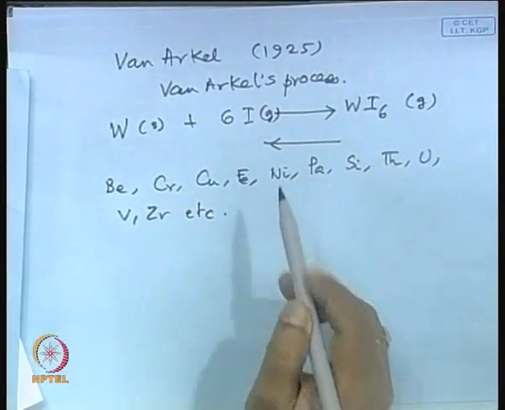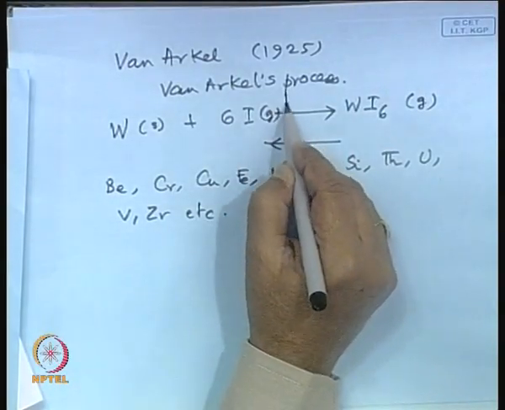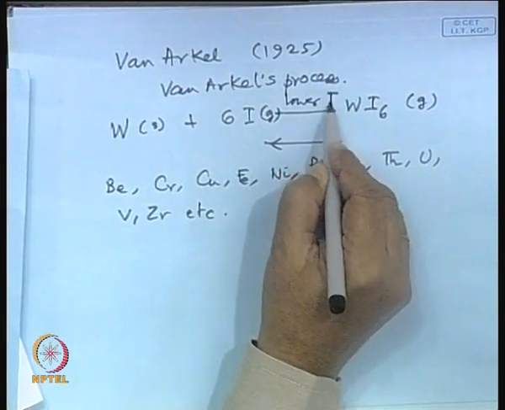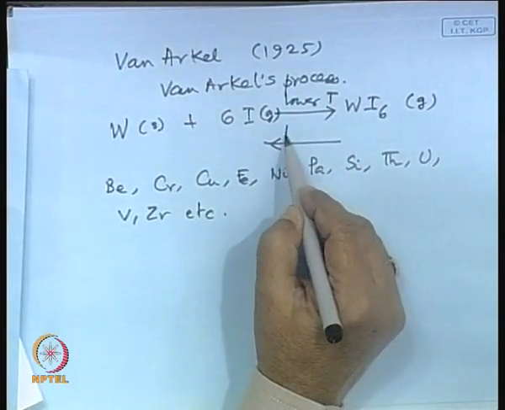We have other names like the carbonyl process for nickel, and in general they are called vapor transport processes, because we are transporting impure metal through a gas phase to a pure metal form. In these cases, we are taking the crude metal at a lower temperature and we decompose it at a higher temperature.